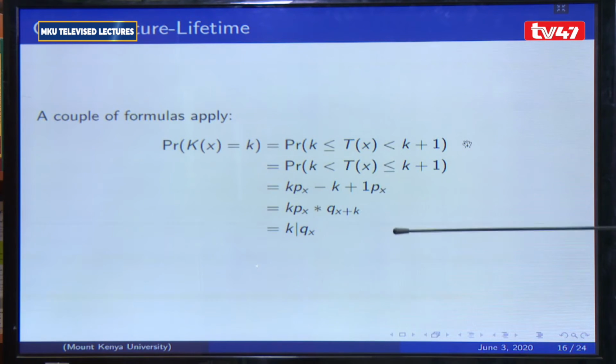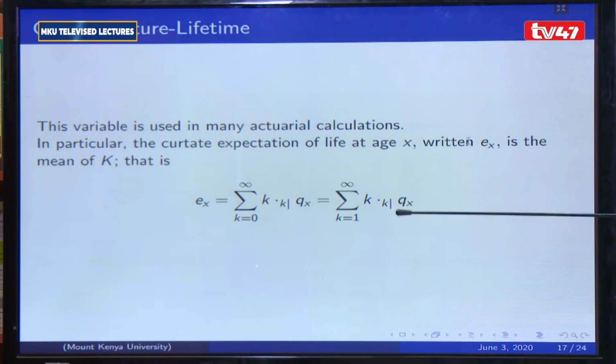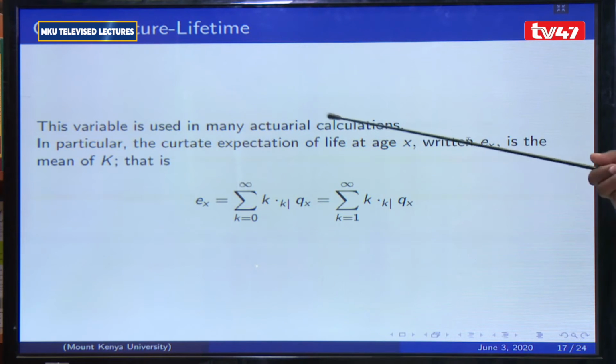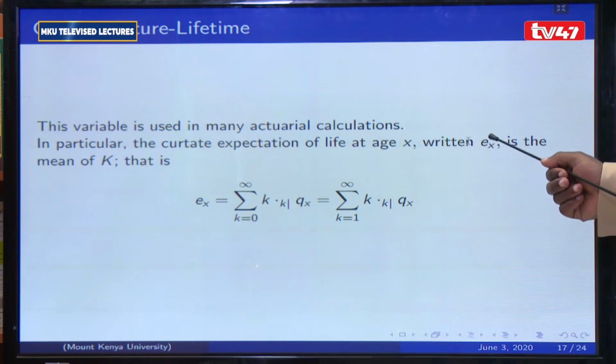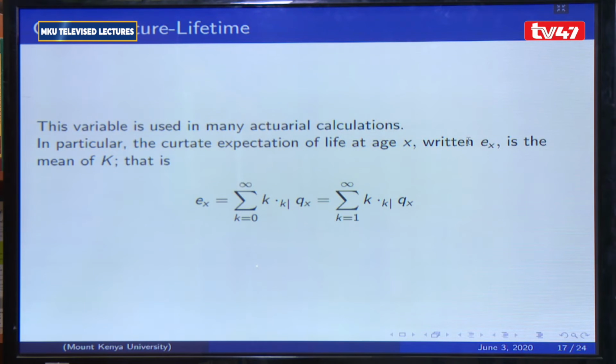And it can be shown that the curtate expectation of life, which is denoted by e subscript x, so here we don't have the superscript as in the future expectation of life, is given by the summation over the individual life.